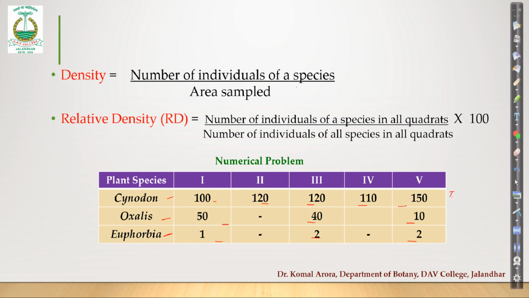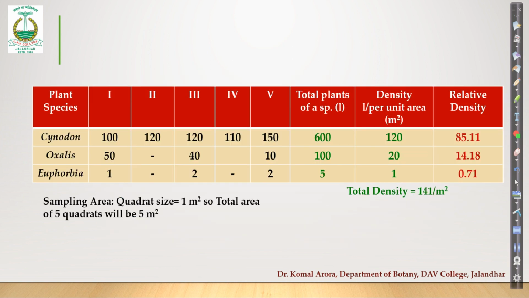Density will be the total plants of a species divided by the total plants of all species, into 100. So how do we calculate? This is the solution of the problem. These are the total plants of Cynodon, Oxalis, Euphorbia.